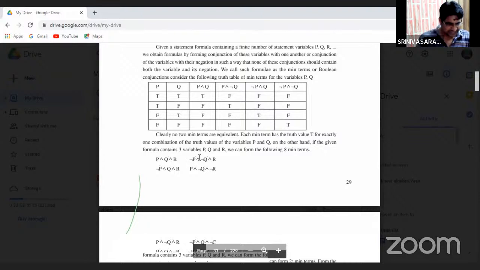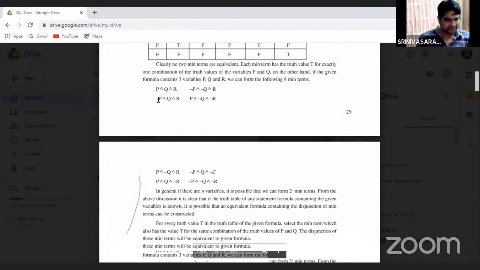Okay, thank you. Next, suppose three variables are taken. According to three variables, how many minterms? That is 8 minterms. Two variables means 4 minterms. Now, how to take the 8 minterms? P, Q, R with respect to the conjunction. Suppose both P and Q are negations in the conjunction.